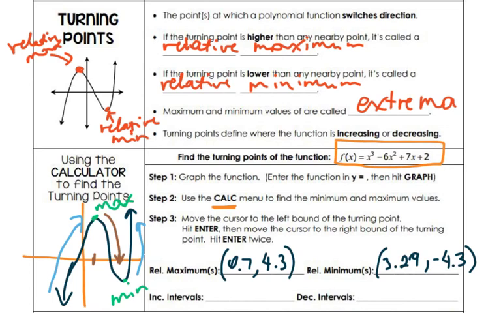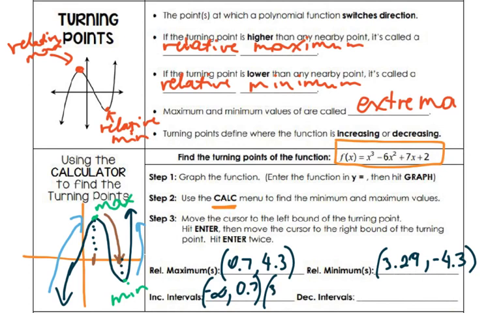So the increasing intervals, we have two. The first one starts at negative infinity and goes all the way to this point right here, the maximum point. And that maximum point happened to be at 0.7. So that's one interval. And the second interval starts at the minimum and goes to positive infinity.